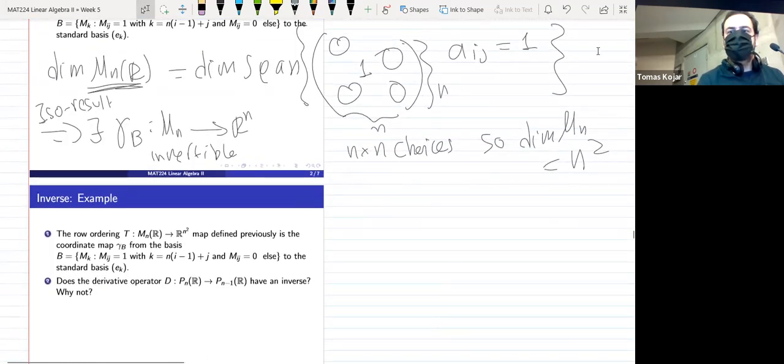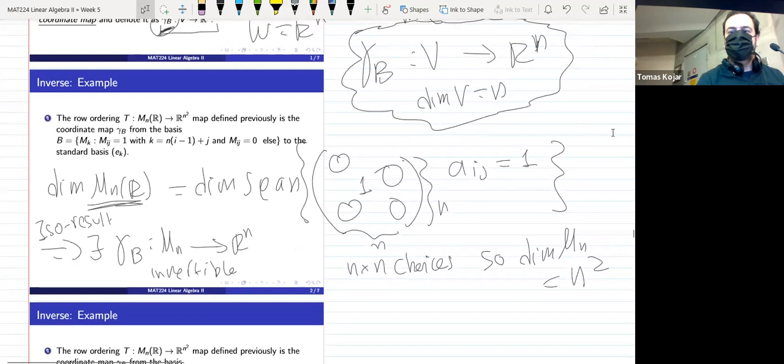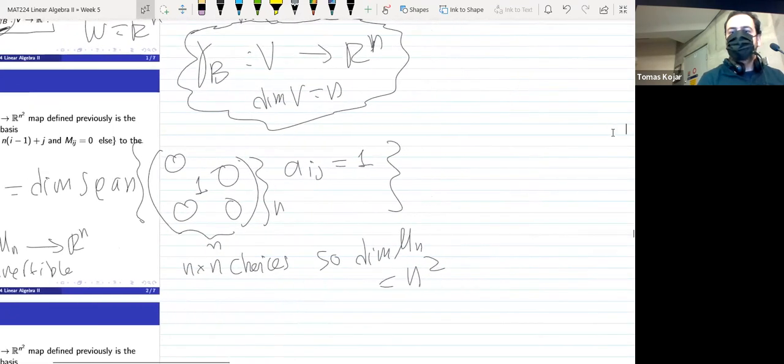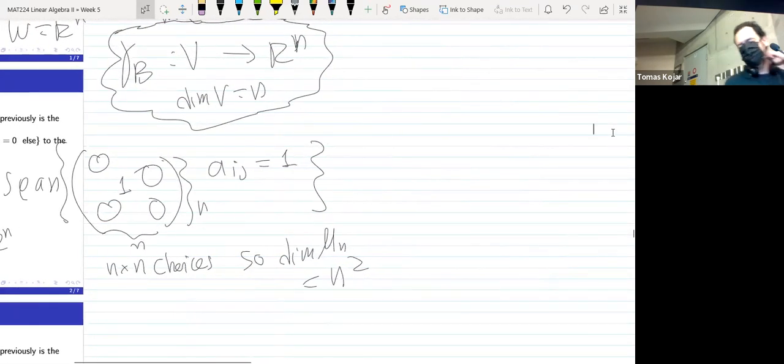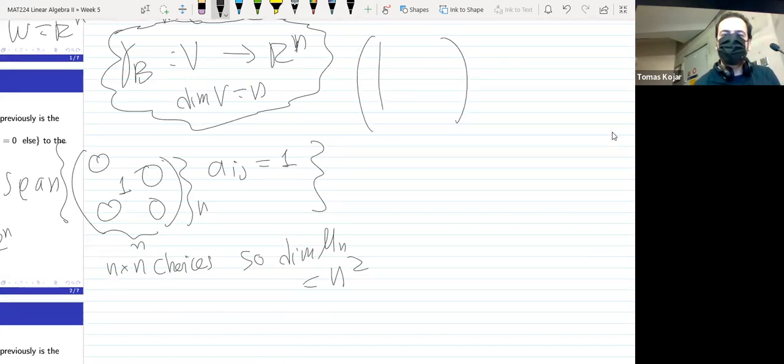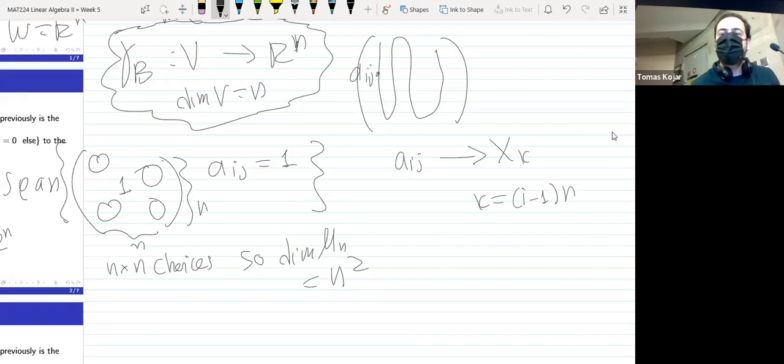But okay, let me just say it here. If you give me any matrix, what did we do? You give me any A_ij, then we map A_ij to x_k, where k is equal to (i minus 1)n plus j. And I can also go backwards with modulo.